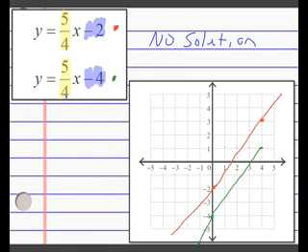And if you graph these correctly, you'll see, hey, those lines are parallel. They don't cross each other. They don't appear to be like they're going to cross off my graph or anything like that. And that confirms that it should be no solution.